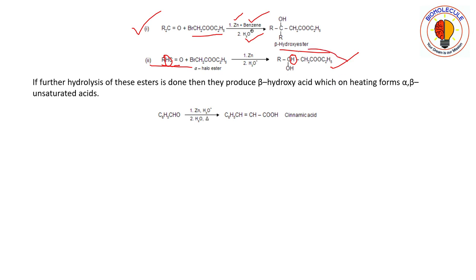Now this one is the ester molecule. What if we do further hydrolysis? If further hydrolysis of these esters is done, then they produce beta hydroxy acid, which on heating forms alpha beta unsaturated acids.